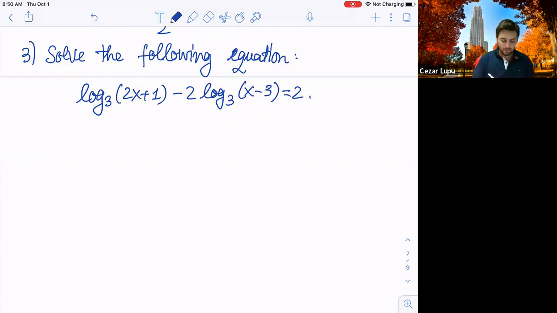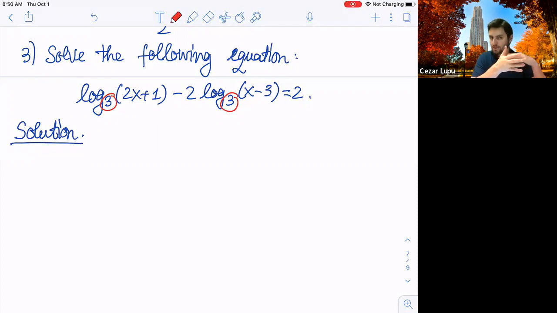So let's see. Let's look at the equation. As you can see here, let's identify something first. Both logarithms are in base 3. So we know that there are some properties with logarithm in the same base.